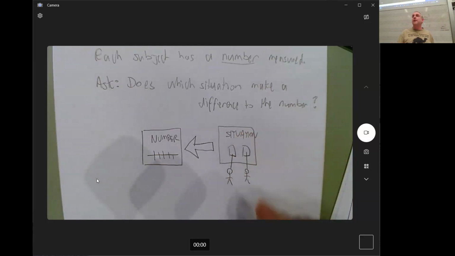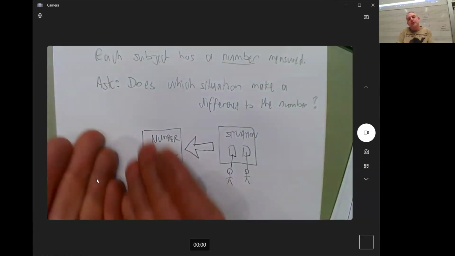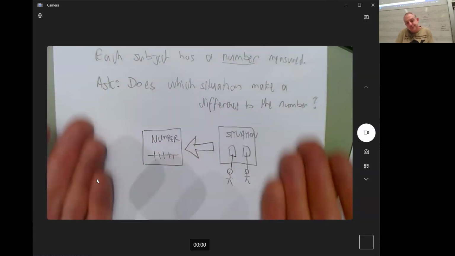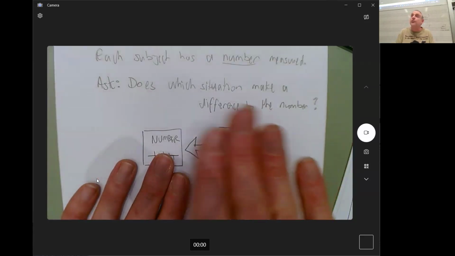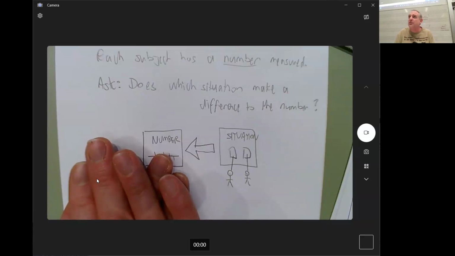So I call it a situation, but in the data, it will be a variable. It'll be called situation, or it'll be called group, or it'll be called treatment, or whatever. So this is what the story looks like. Now, the statistics cannot actually know whether this situation causes this number to be different. That's not what statistics is for.